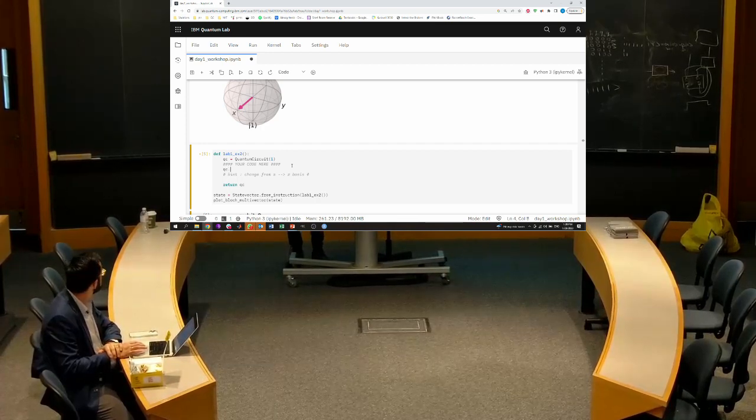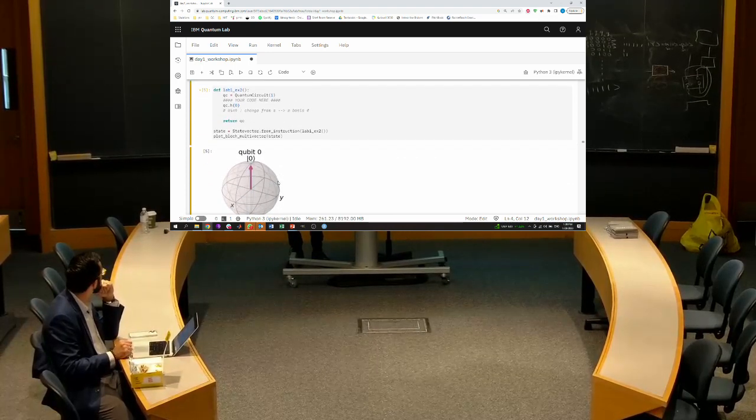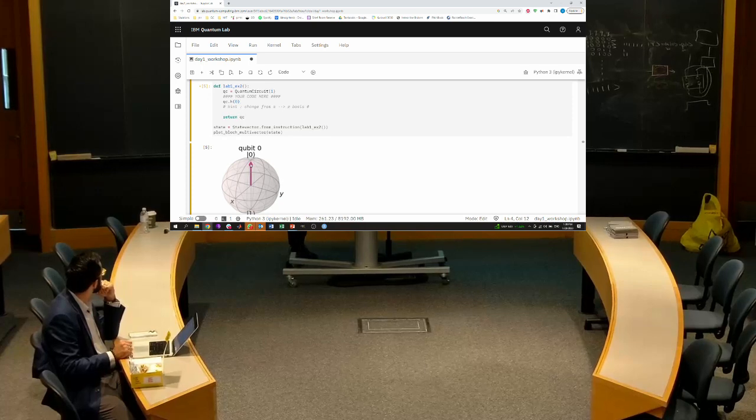Again, on our quantum circuit, we want to do something, so I'll put a dot. I want to use an H gate, Hadamard gate, and I want it to operate on the 0 qubit. Now, if I run this part, you will see that again we start at the 0 state, and we end up at the plus, pointing toward the X direction.